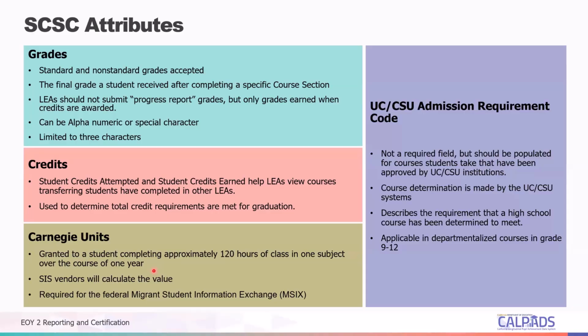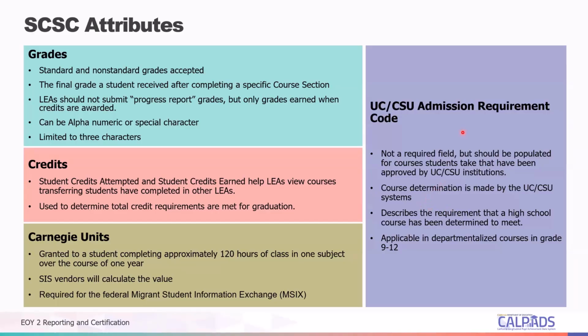So 2 semester courses should equal 1 year long. A year-long course constitutes 1 Carnegie unit. A semester course is halved, so you have 0.5 for semester 1 and another 0.5 for semester 2. But your SIS will be able to compute this in the background so you don't have to sweat over the calculation of these units.